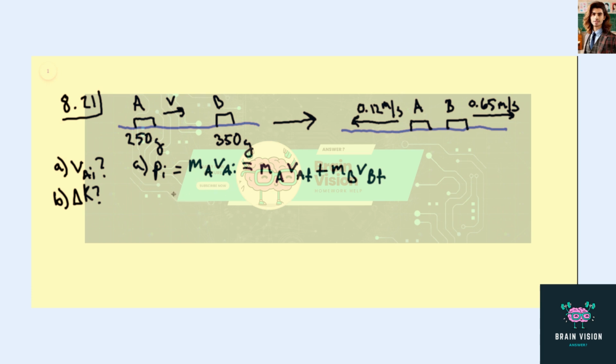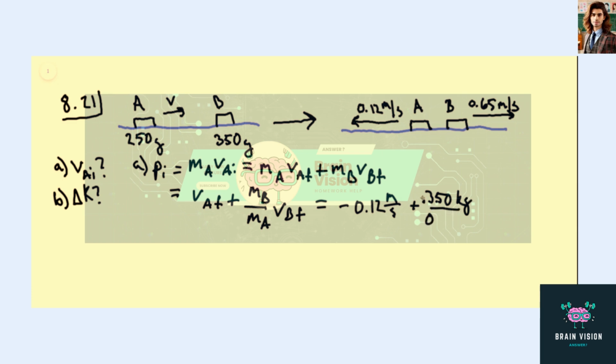Now, in order to solve this, it's pretty easy. We just divide both sides by M_A. And so we have the final speed of A, which recall is going to be negative, plus the ratio of the masses times the final speed of B. And so now we just put all of these things in since we know them. 0.35 kilograms, 0.25 kilograms, 0.65 meters per second.